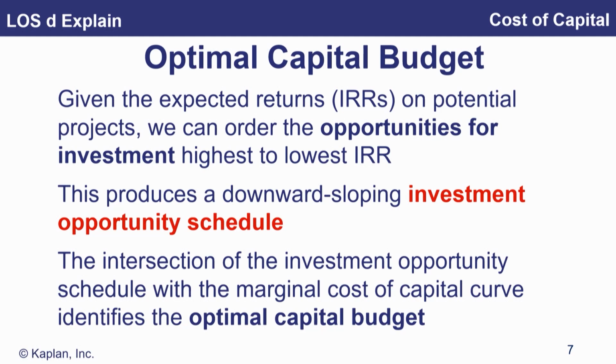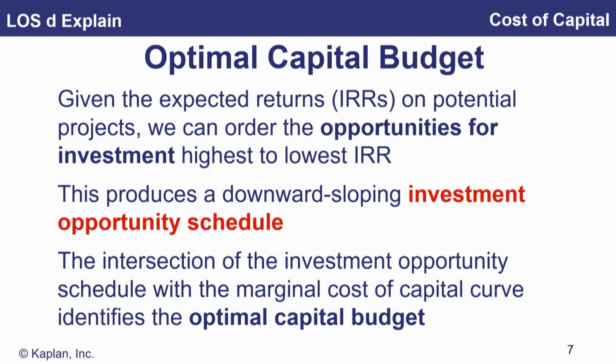So now we've got a downward sloping curve, the investment opportunity schedule. So now we've got one curve coming up, one curve coming down. That's great in financial economics because where they cross, we can go, there's our optimal capital budget. That intersection of the investment opportunity schedule with the marginal cost of capital curve.